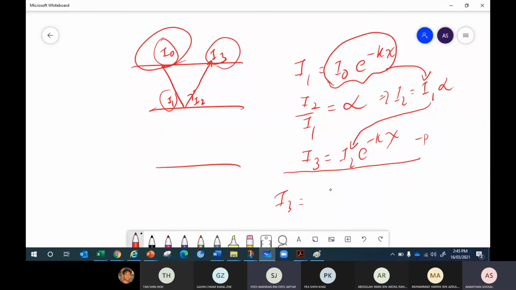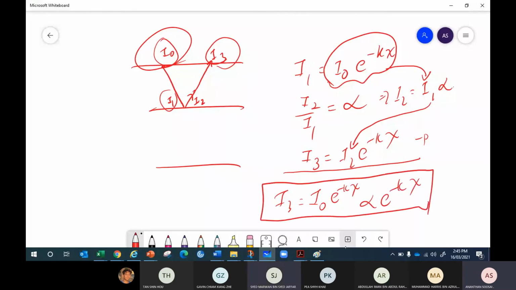So finally I3 equals I0 e negative Kx alpha e negative Kx. I get this formula. That means absorption, then reflection, then absorption again. So the intermediate intensities have all been considered. You remember only this, it is enough.